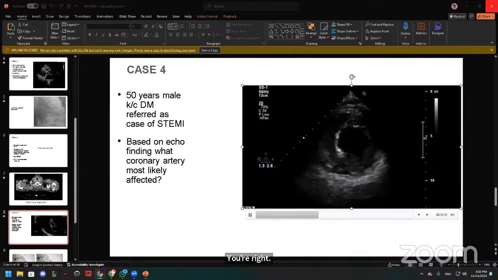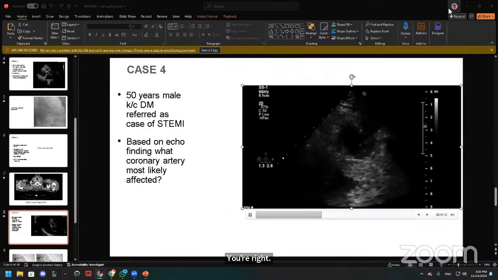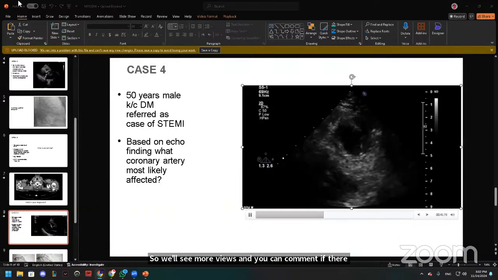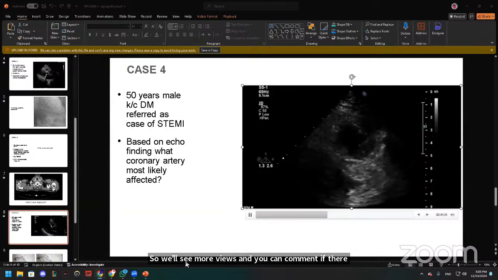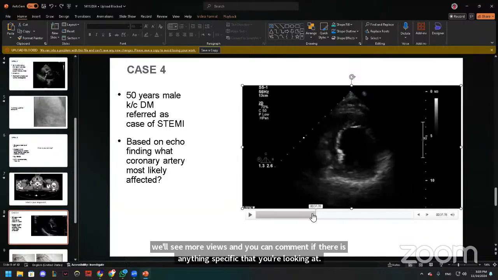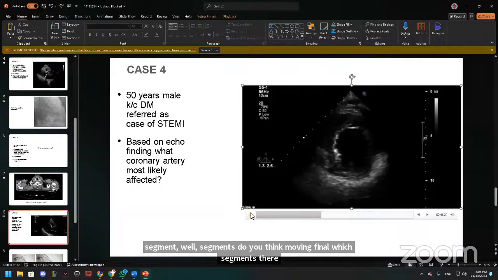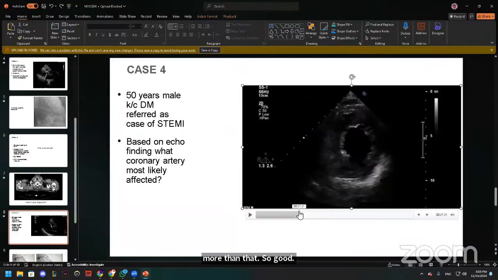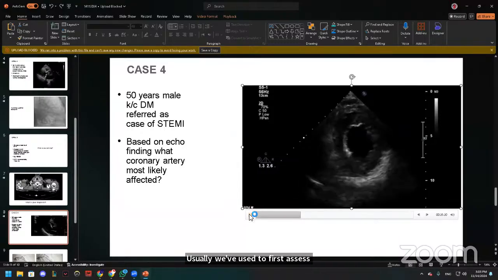So we'll see more reviews, and you can comment if there is anything specific that you're looking at. Which segments do you think are moving fine, or which segments are not moving so well? For example, in this view, this is usually the easiest to use first to assess for any regional wall abnormality.